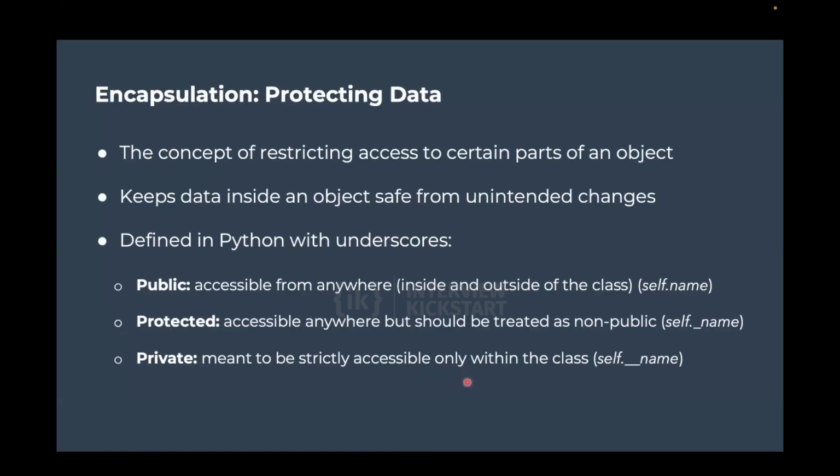Once again, public is accessible from anywhere, protected is also accessible from anywhere, but it's kind of a sign to show that this is not public, and it's not recommended for access or change. But private makes it more restricted, and it shows you an error if you try to access them outside of the class.